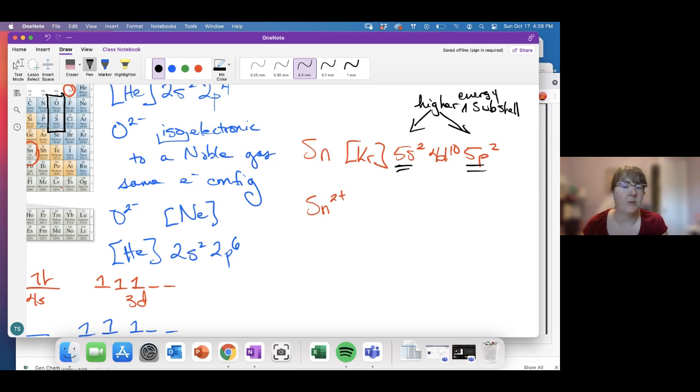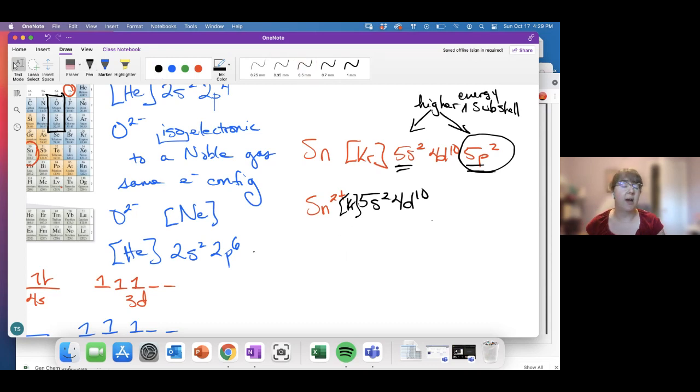So I am going to go ahead and remove first from that 5p2. So I'm going to leave my 5s2 and my 4d10, and the first place I'm going to remove from is that 5p2. Oops, I should not have forgotten my krypton noble gas core. It's in there.